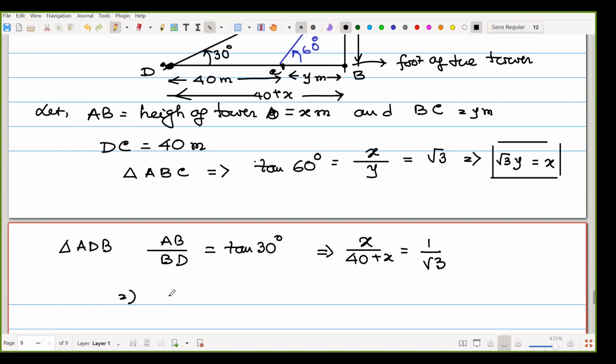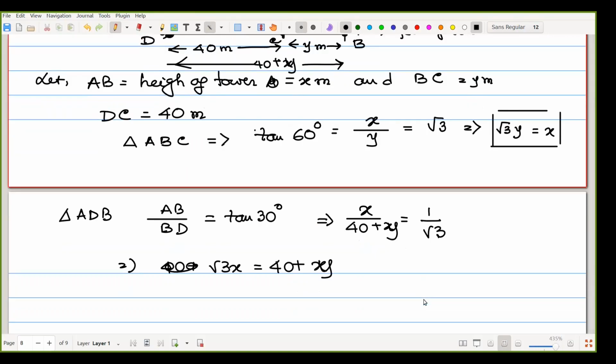So from here we can say that √3 X is equal to 40 plus Y.